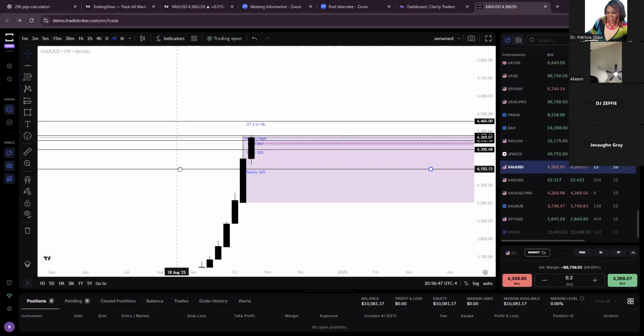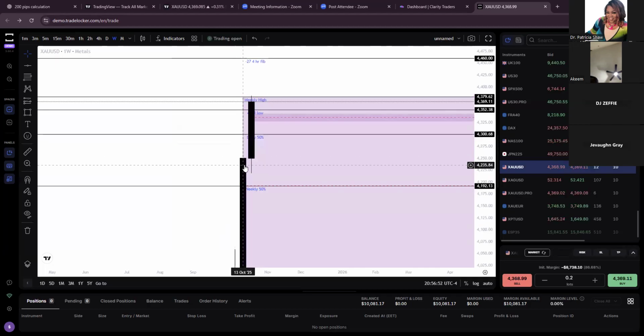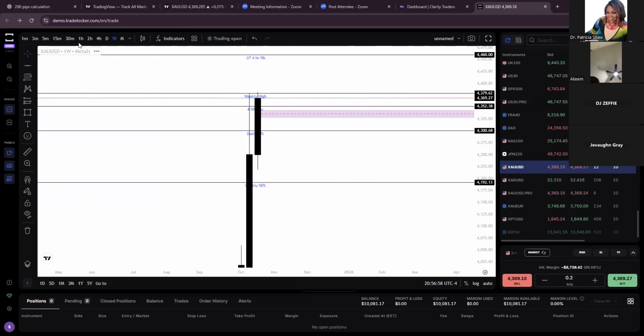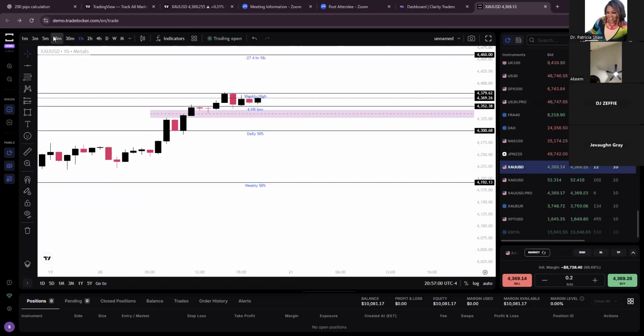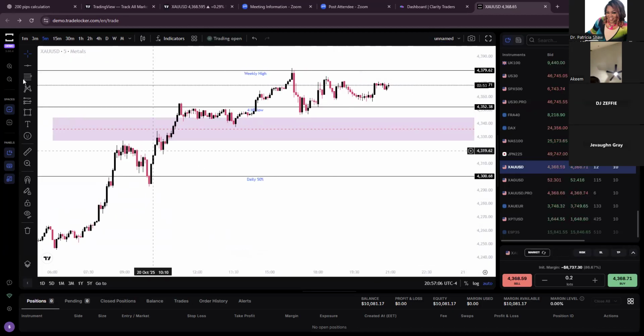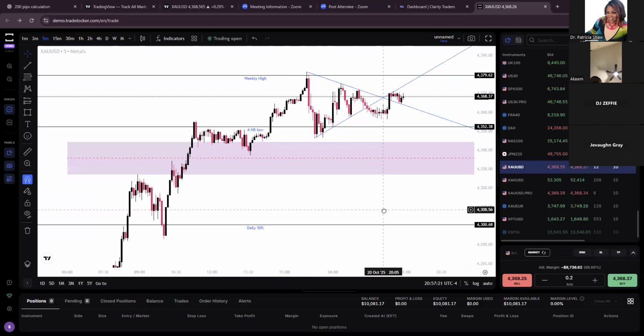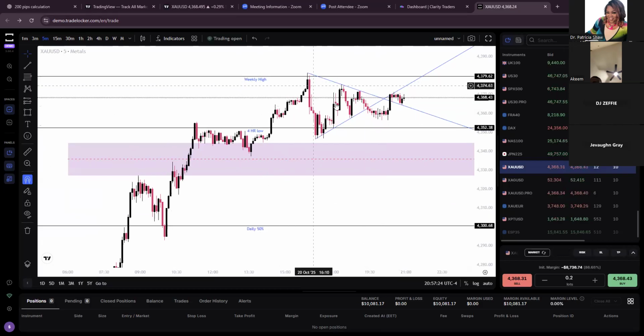And then the high of last week's candle. And then I marked my wedge pattern up. I'm going to just mark it up here on the 5 minute.